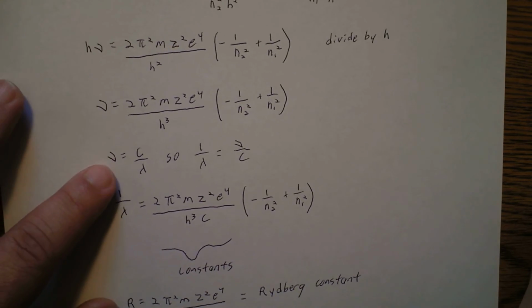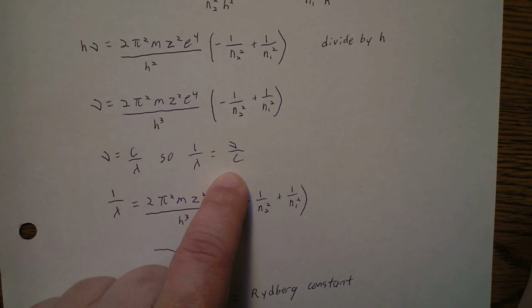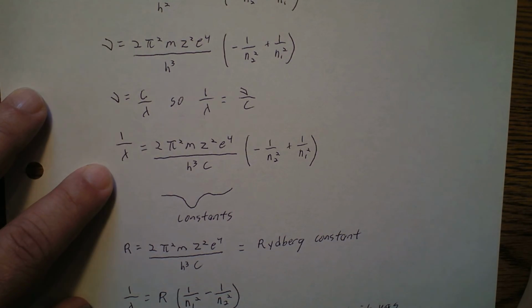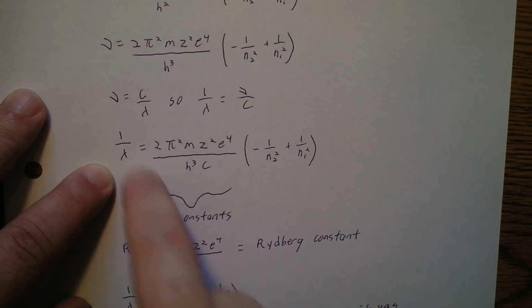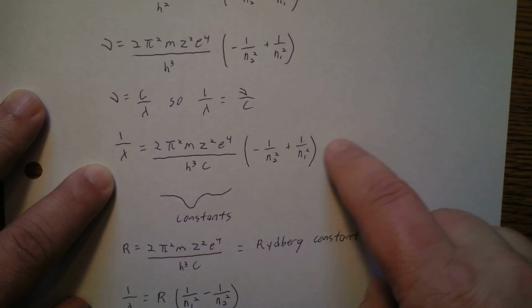So nu is equal to c over lambda. So 1 over lambda is equal to nu over c. So 1 over lambda is equal to 2 pi squared mz squared e to the fourth over h cubed c. All these are constants, times minus 1 over n2 squared plus 1 over n1 squared.